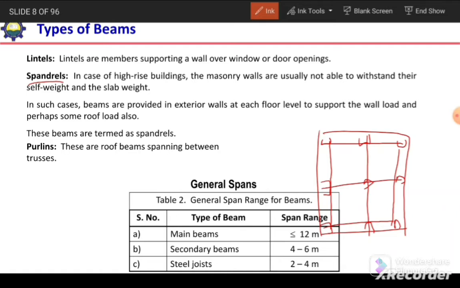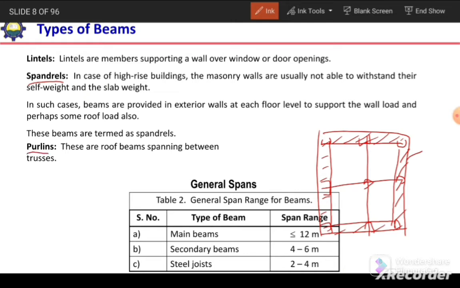So the slab alone cannot resist the weight of these walls, or the walls itself cannot resist their load because of the high-rise building. So the bottom story walls will be subjected to significantly high load. So in that case, we need to provide a beam at the edges that will support the load of the wall above it. So this beam is termed as spandrel beam.